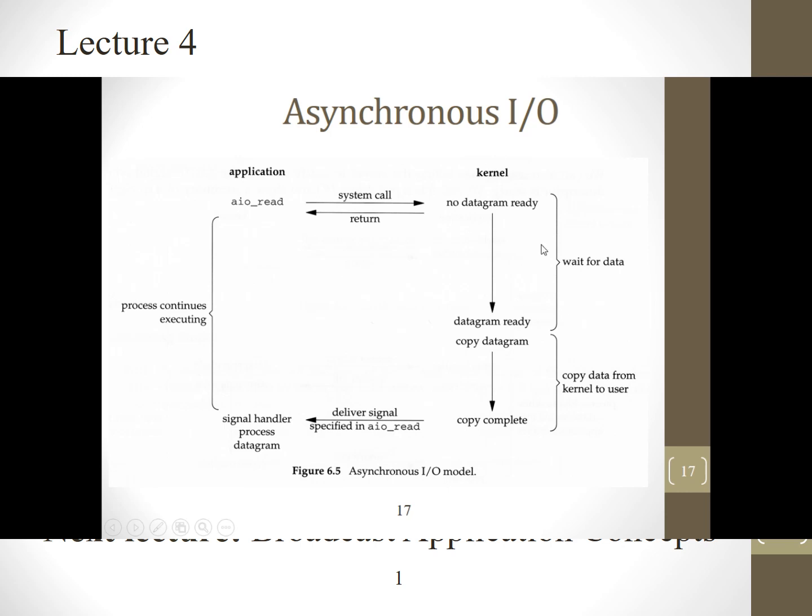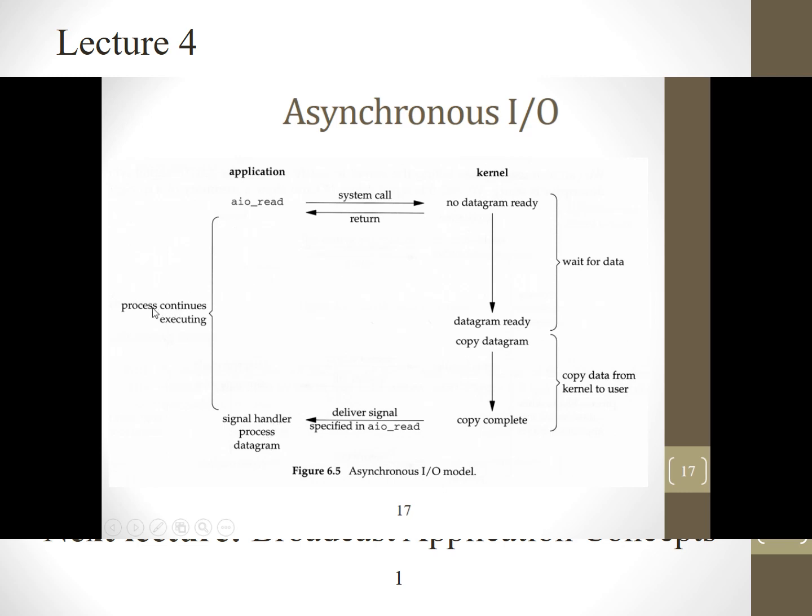So what happens? When the datagram arrives, it is copied from the kernel to the user. The copy is completed and the kernel delivers the signal specifying that it was an asynchronous input-output read. And the signal handler processes the datagram.